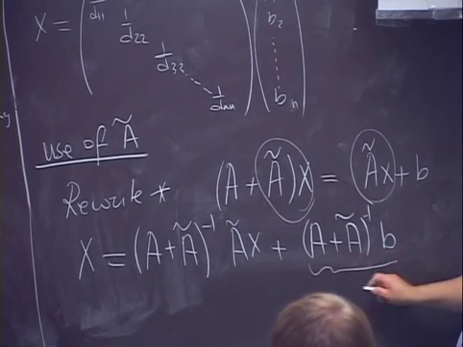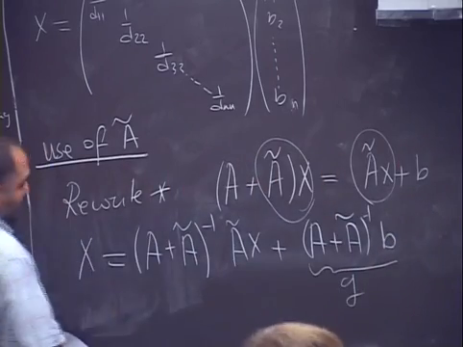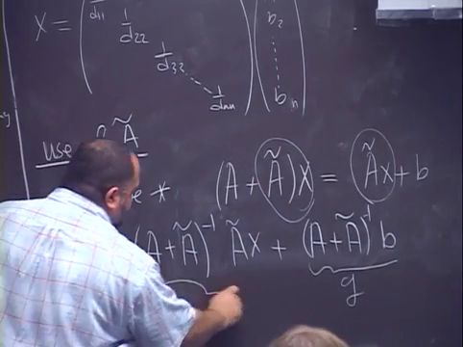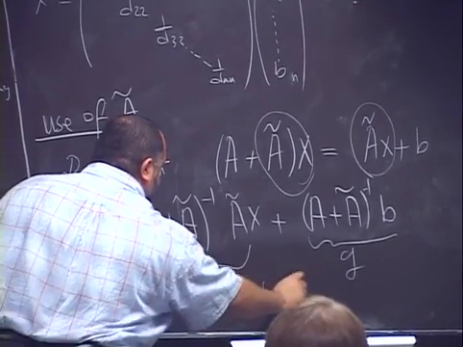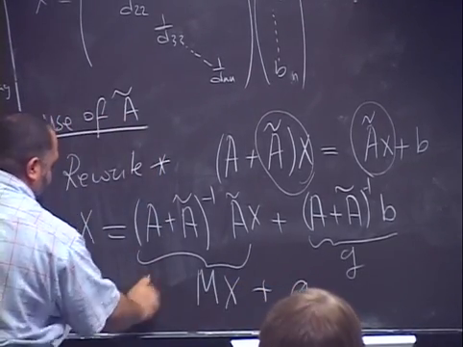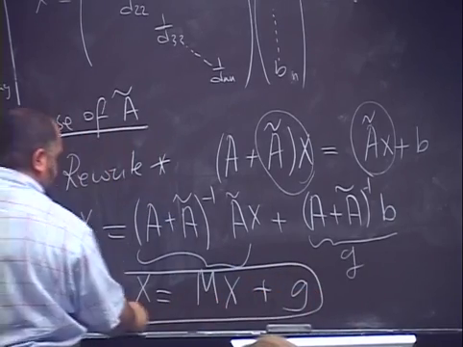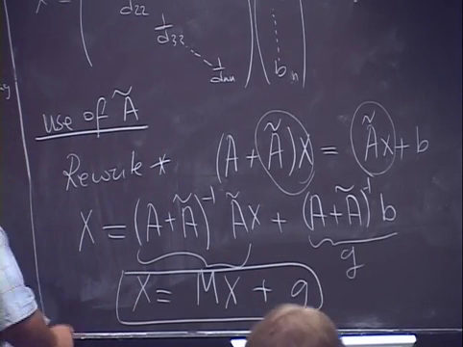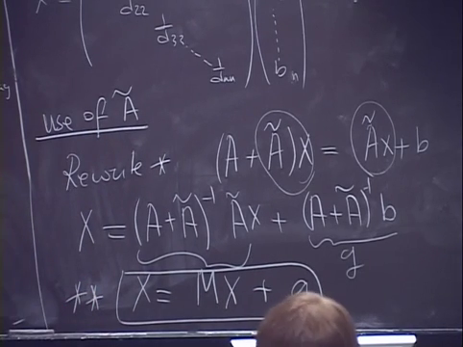This matrix we will call matrix G, and this new matrix we will call matrix M. So x equal to Mx plus G. We will call this equation double star.